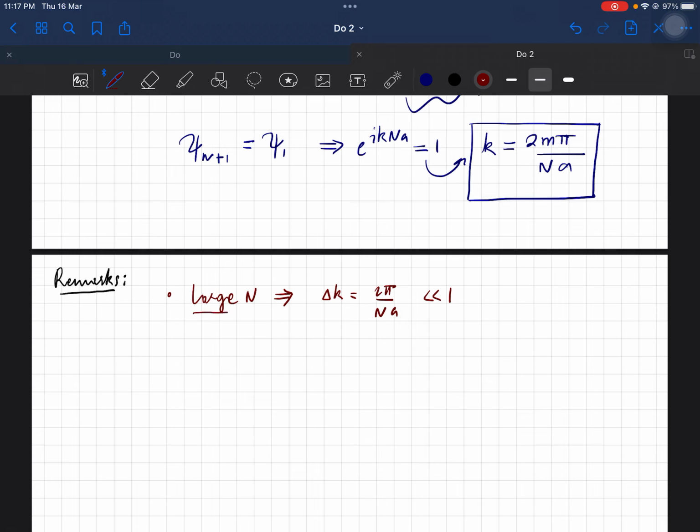One thing I know is, mathematically, if there is large N, delta k will be small. Discreteness in k can be ignored with respect to its domain, basically the Brillouin zone.